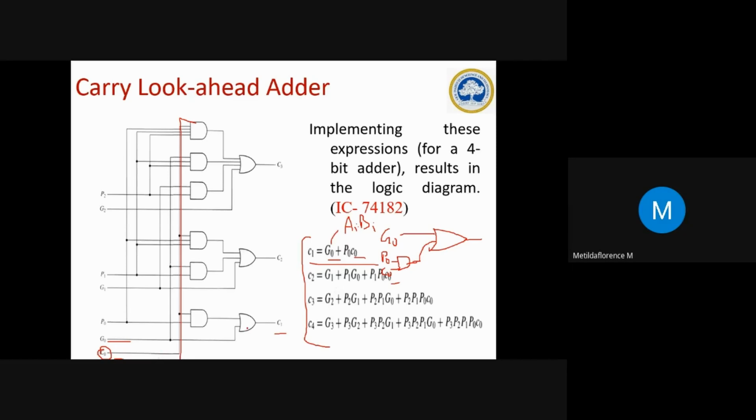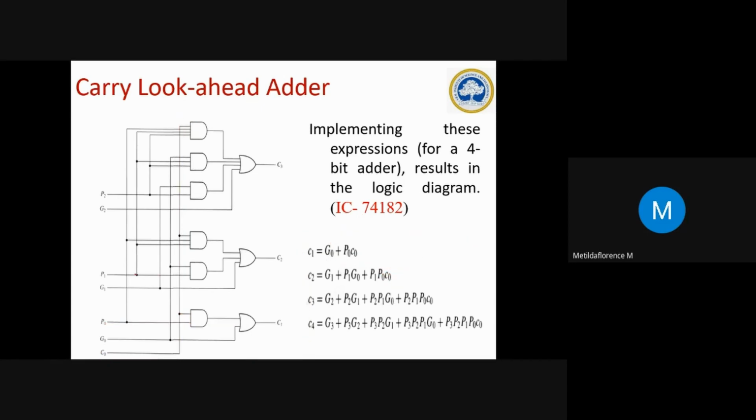G0 is going, and for this one, this is P0 and C0, no? So P0 is coming and C0 is directly taken. So this is P0 and C0, and here directly this is G0, which gives C1.